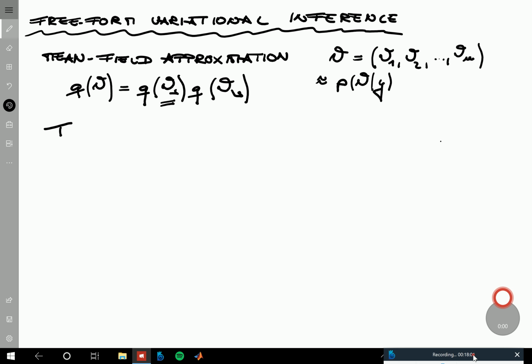So remember that we have the variational free energy as a function of the variational distribution. Now, if we assume that there's this factorization over some random variables in the unobserved random variables and some other ones, then the free energy becomes a function, of course, of this product.